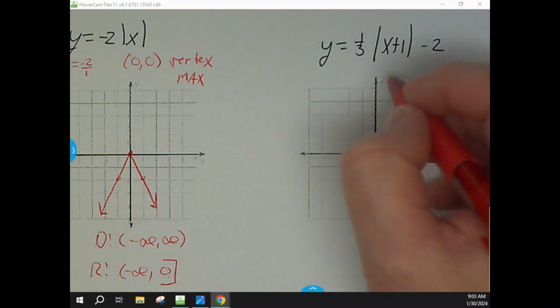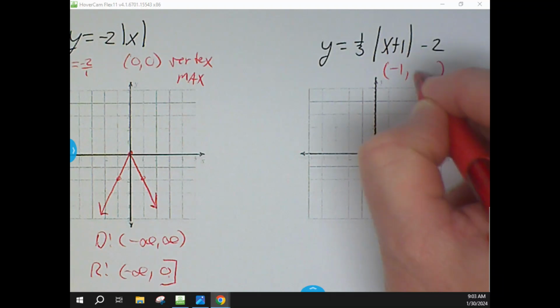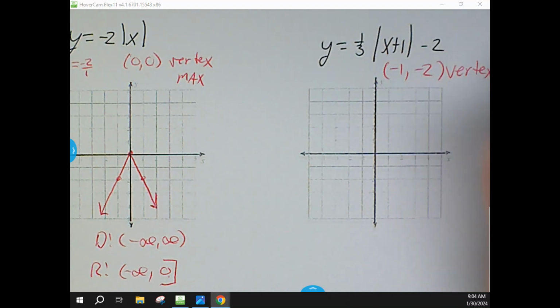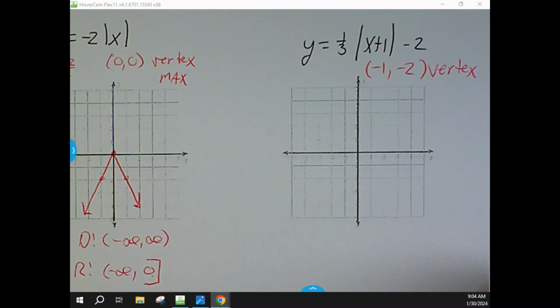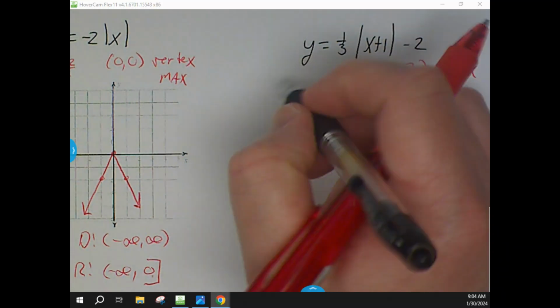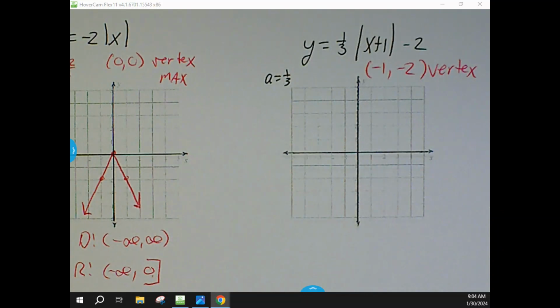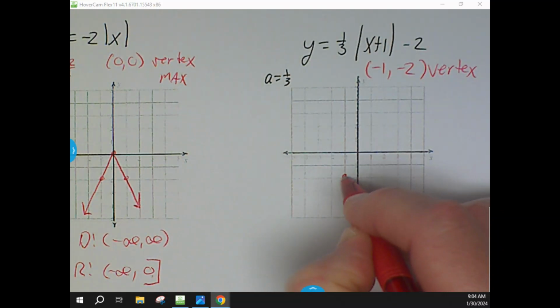All right, for the vertex, change that sign from +1 to -1. Make that a -2, so there's our vertex. And the a value is 1/3. So again, we start with our vertex, at -1, -2.